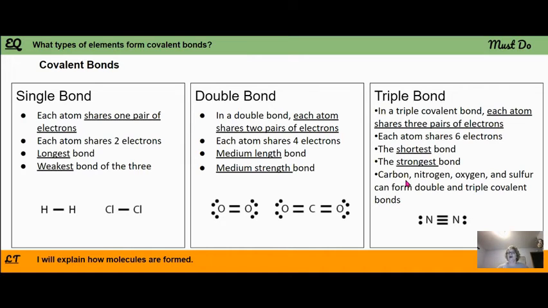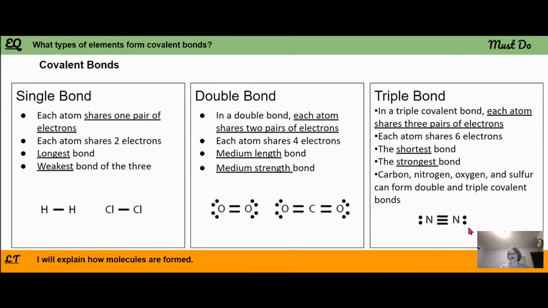Okay. And then they usually happen when you're talking about elements like carbon, nitrogen, oxygen, sulfur. Those are the ones that can form double and triple bonds. Most of the other ones don't have enough room for electrons to do that.